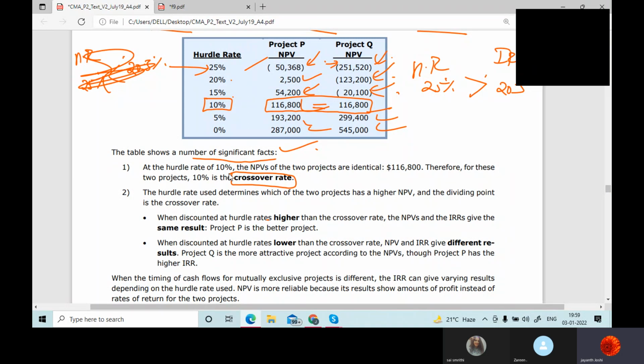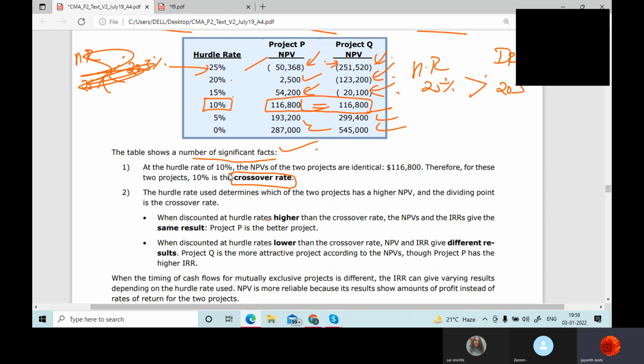The hurdle rate at which both projects give identical NPVs is called the crossover rate. The hurdle rate used determines which of the two projects has a higher NPV, and the dividing point is the crossover rate.